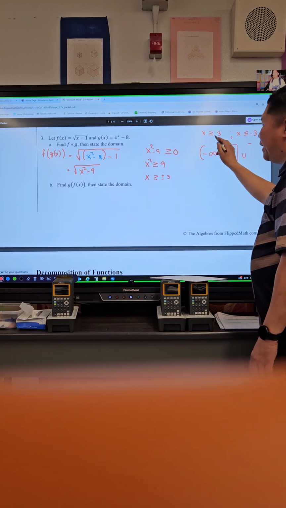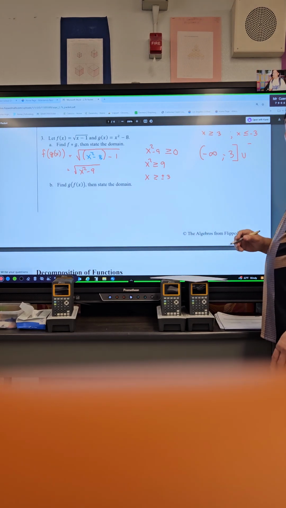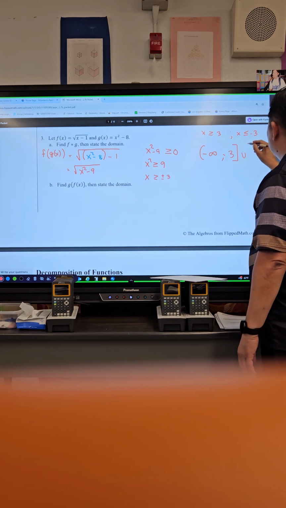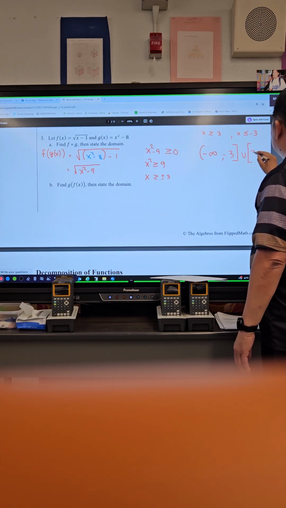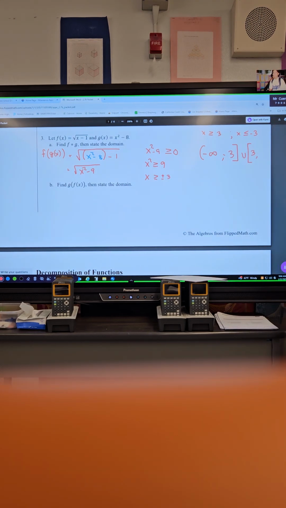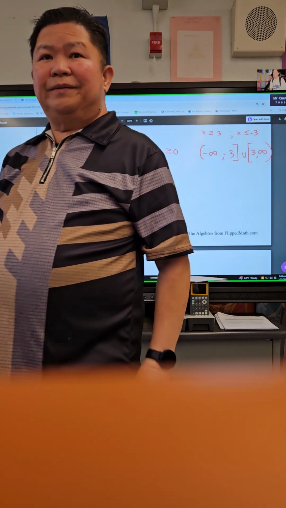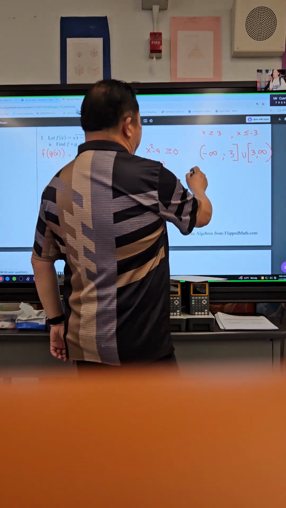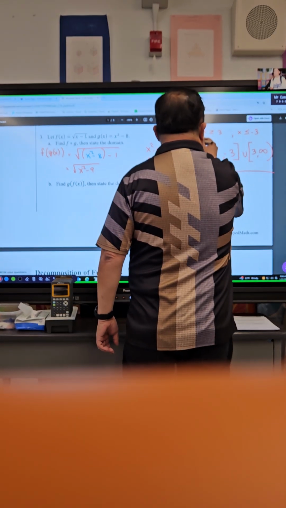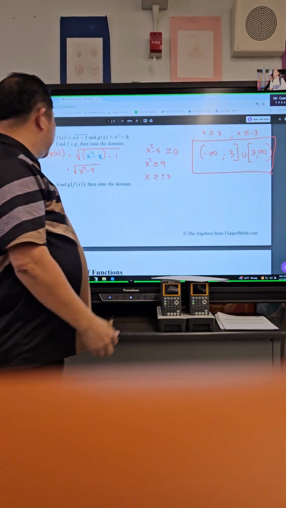Since this is greater than or equal to 3, that means it's going to be closed interval. So close right here at positive 3 and then all the way to positive infinity. Very good, positive infinity. Now, question, is it parenthesis or bracket? Parenthesis, because this is an open interval. Okay? Clear, guys? So this will be your final answer. Do it right here. And I need you to box your final answer next.